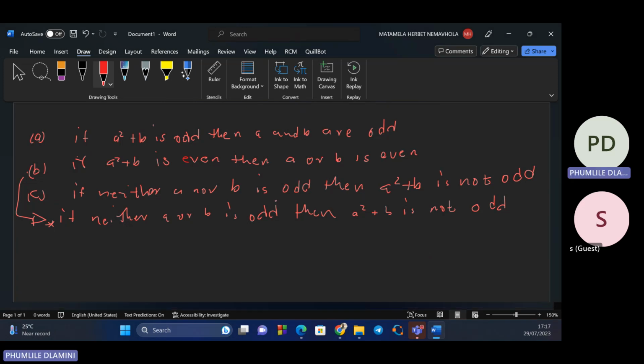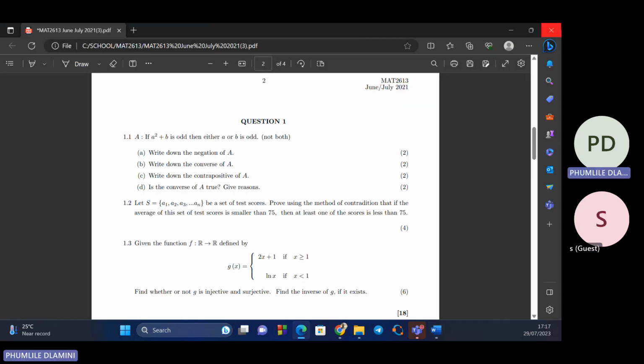Here it says if A squared is odd, then either A or B is odd, not both. But the question is the same. You see that?